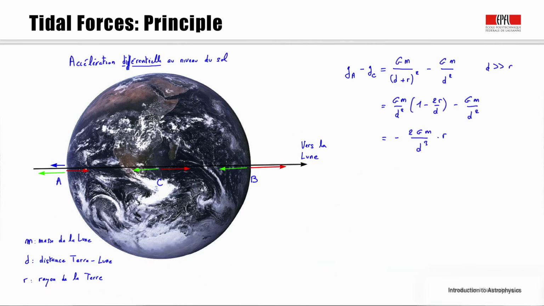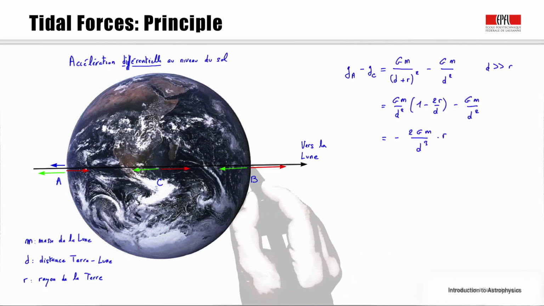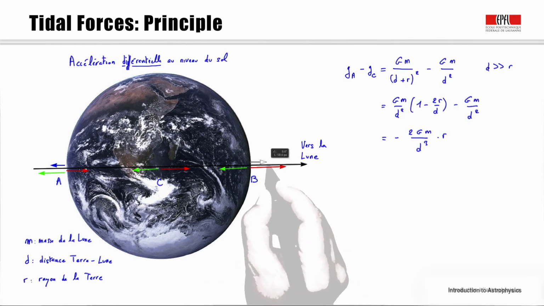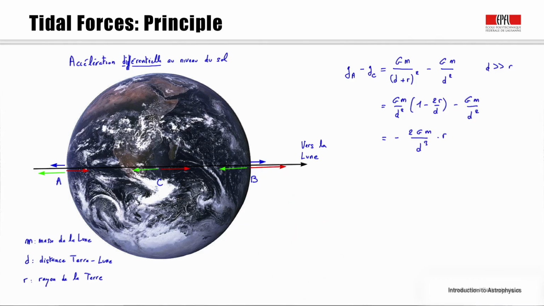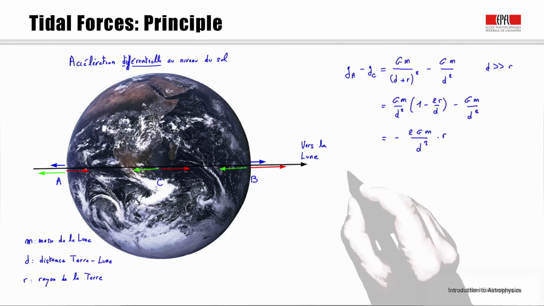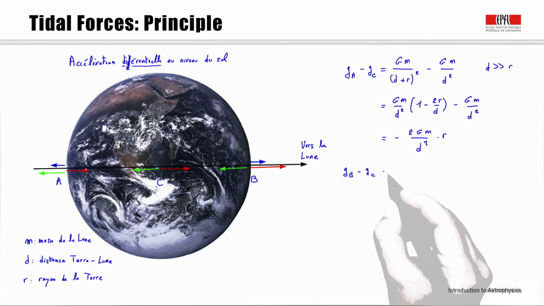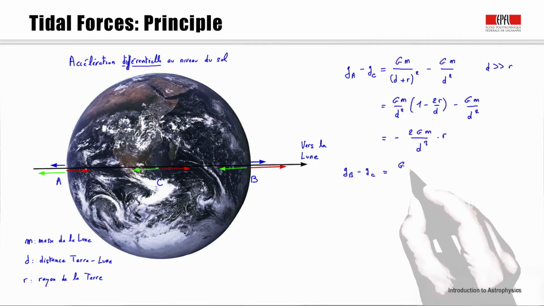The same calculations can be done for B. It can be noticed that for GB minus GC, the force will be directed toward the Moon. Its norm can be calculated in the same way as before. Hence, GB minus GC equals GM divided by (D minus R) squared.